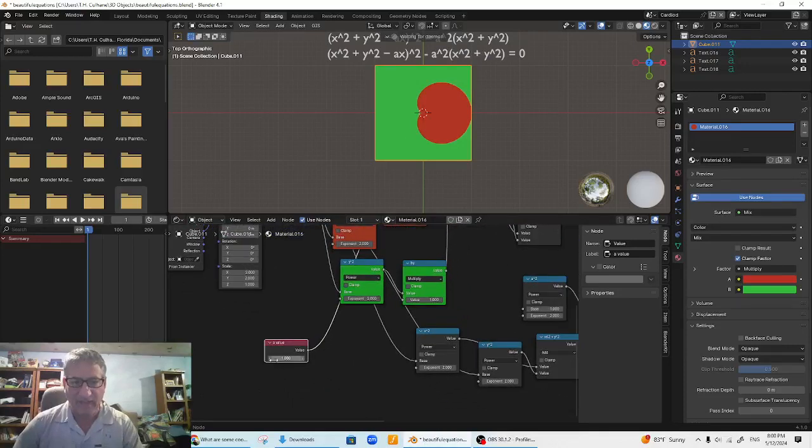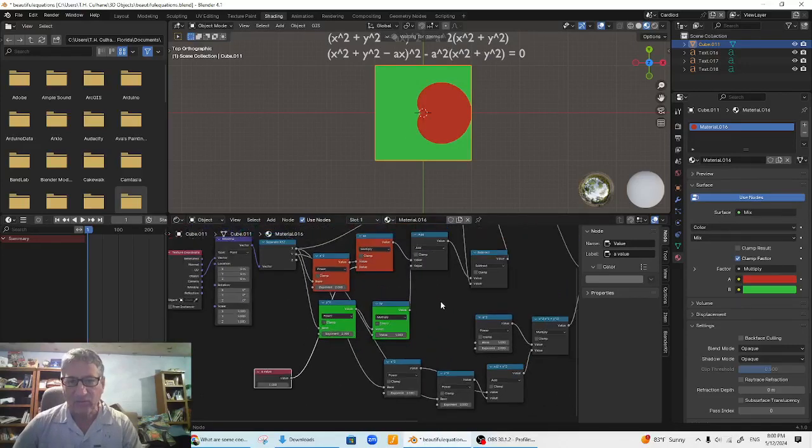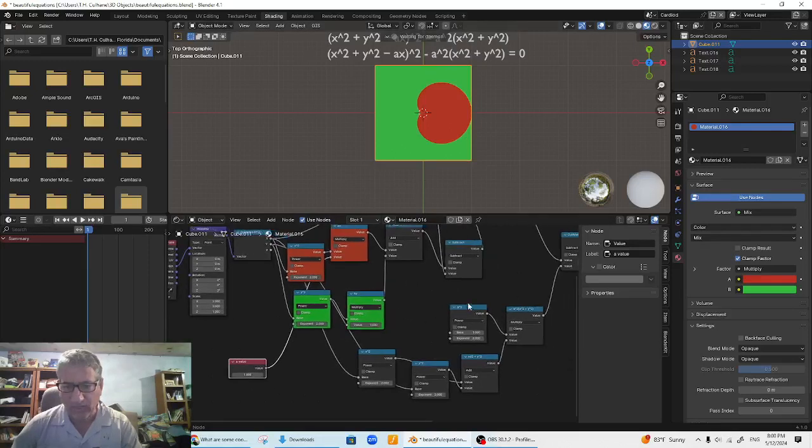And since I have that A value, I can also put that in my equation where I have the AX squared, which is here, and have that value be the base. And it does exactly the same thing. But then when I change the value of A, I start getting interesting results. So that is my A value. And I can then add B values and C values.